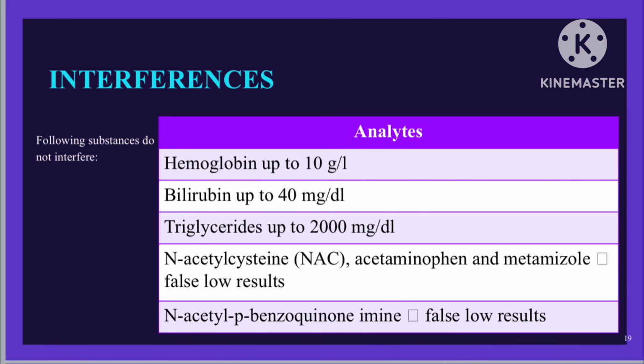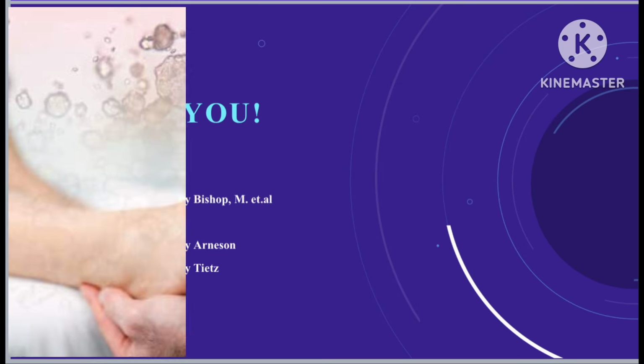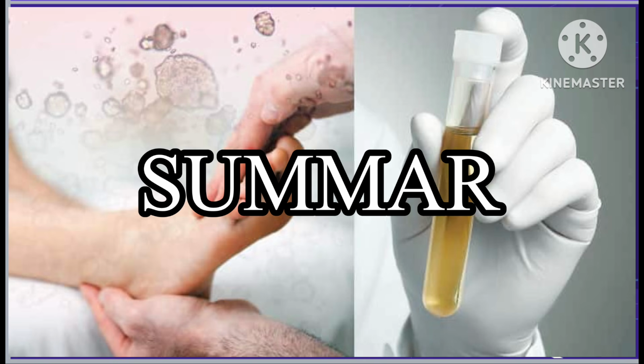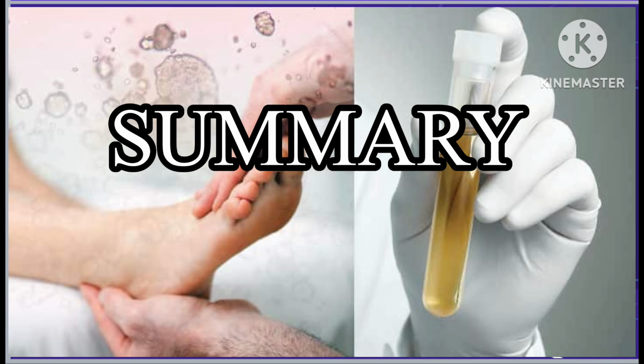The following drugs that would cause falsely low results for our uric acid determination would be N-acetylcysteine, acetaminophen, metamizole, and acetylparabenzoquinone amine.